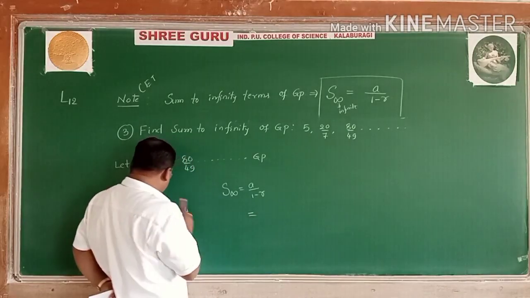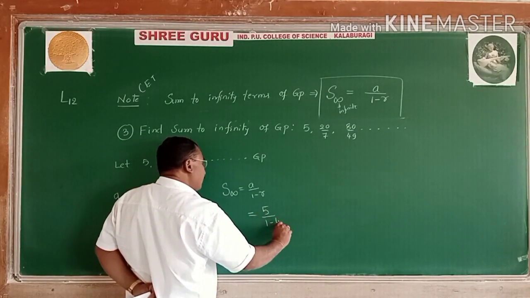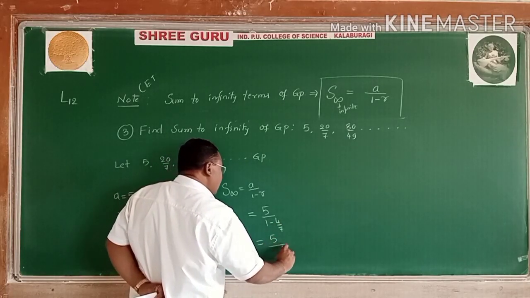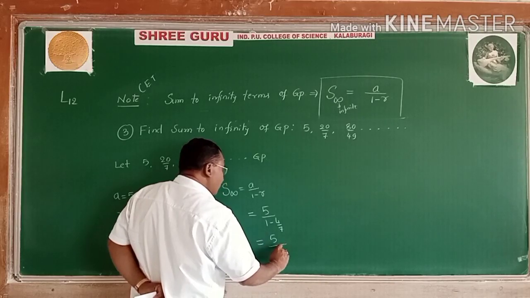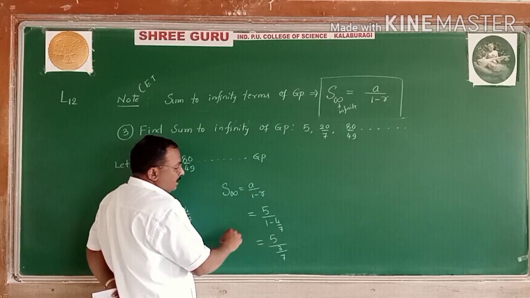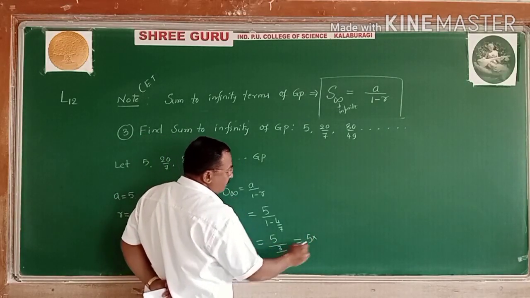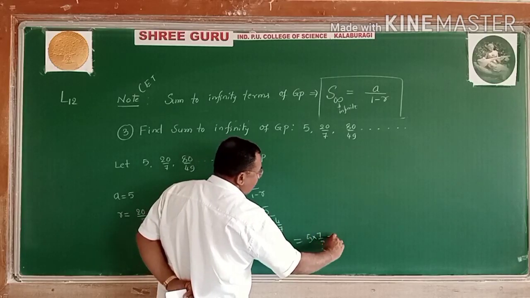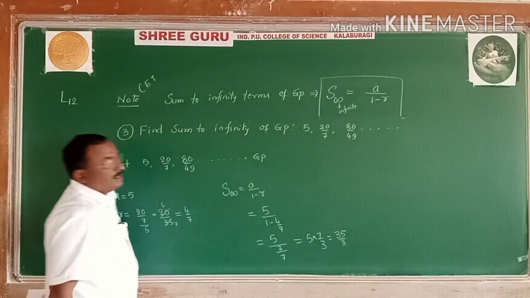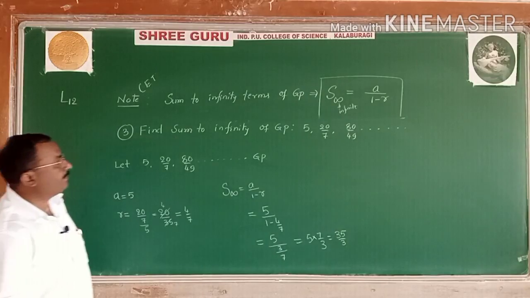A is 5, R is 4 by 7. So 5 divided by 1 minus 4 by 7. The LCM is 7, and 7 minus 4 is 3, so we get 5 divided by 3 by 7, which becomes 5 into 7 by 3, that is 35 by 3. That is the S infinity. S infinity value is 35 by 3.